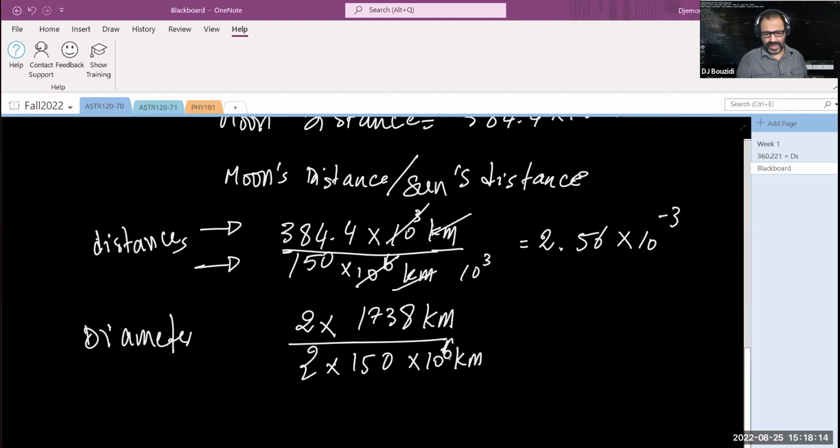The advantage of doing it this way is that this number and that number cancel. Wait a minute. 10 to the power 3 and 1,000. So the 2 and the 2 cancel.